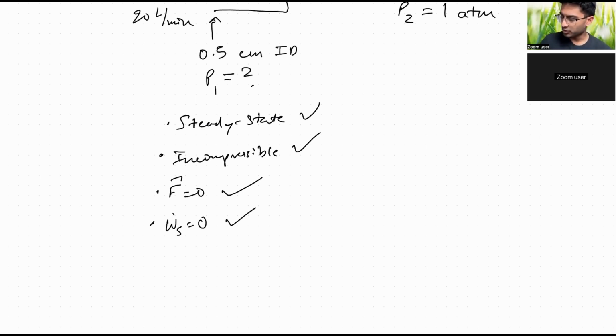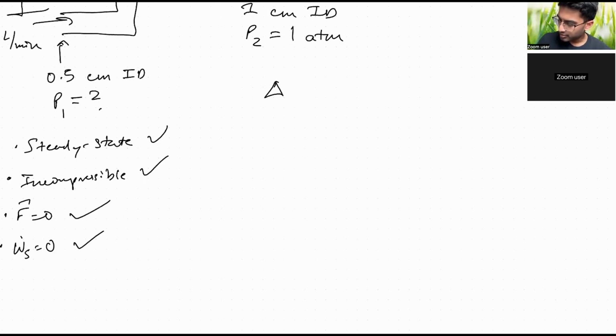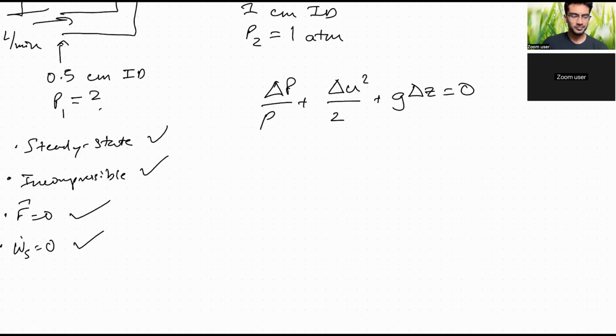So let's set up our overall balance. We have delta P over rho plus the delta in the velocity squared over 2 plus g delta Z equals 0. All right. So we need to find what are the terms in each part of the equation.